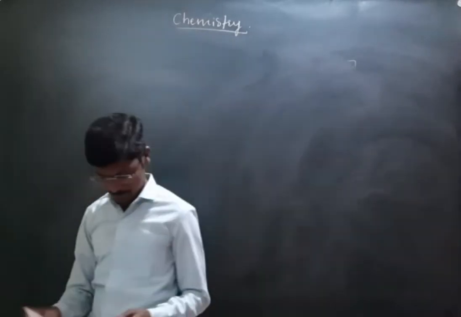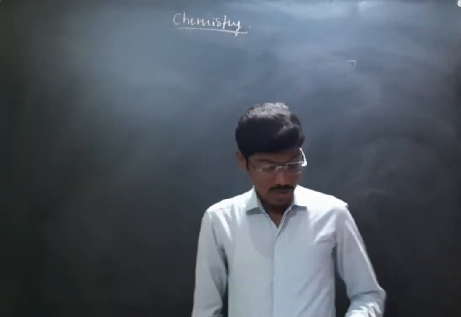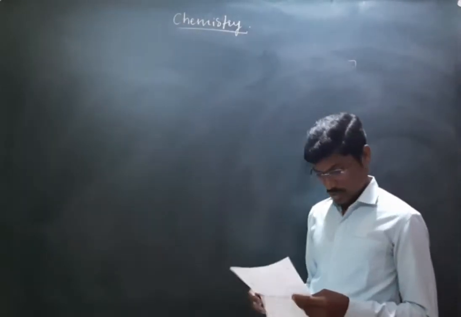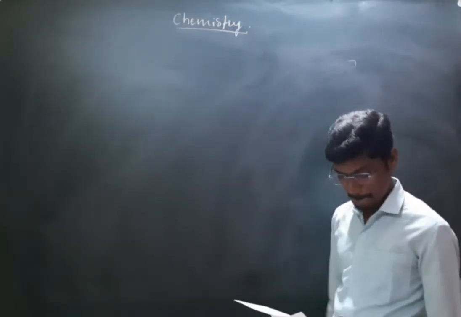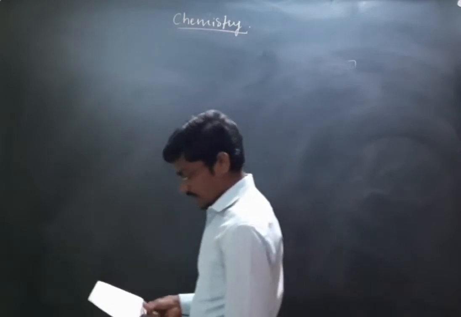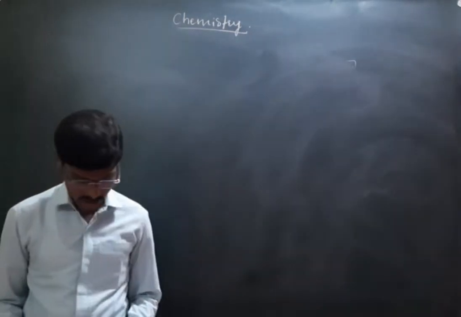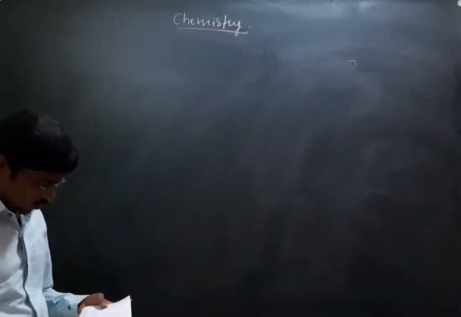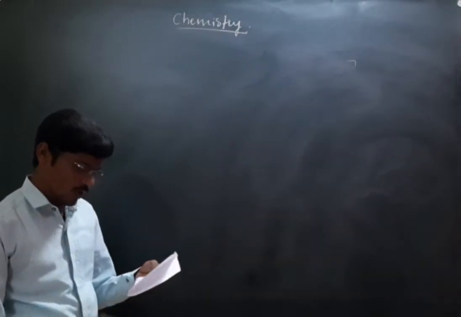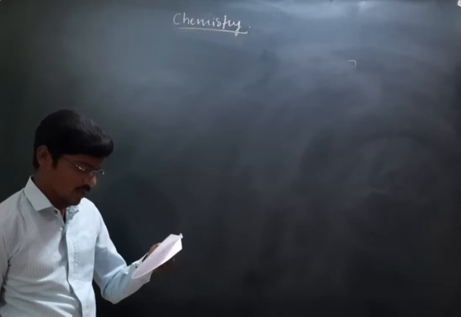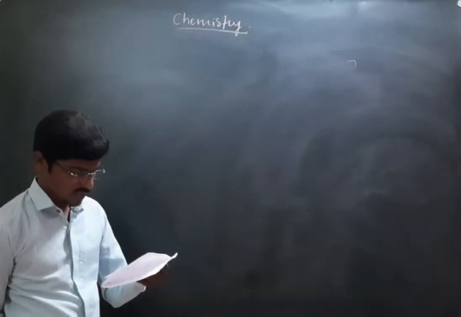Yes, take the first one. I think I have given the question paper already. In the osmosis concept, the first question: 200 ml of an aqueous solution of protein contains 1.26 grams of protein. The osmotic pressure of the solution is 2.57 into 10 power minus 3 bar at 300 Kelvin.